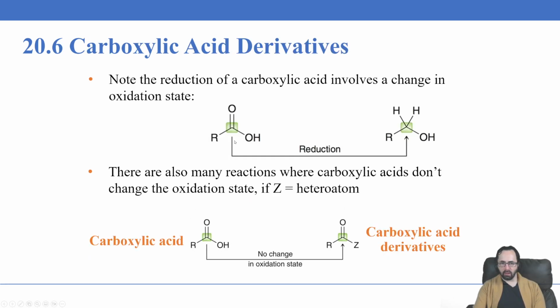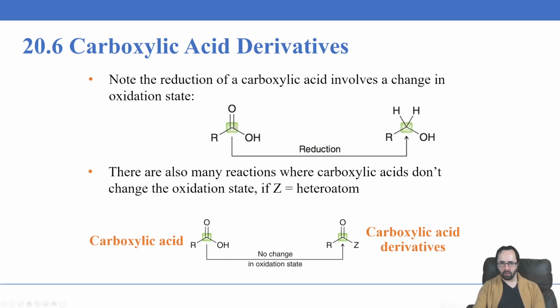So an interesting thing about carboxylic acids is the way their reactions occur is significantly different from those in ketones and aldehydes, in the fact that we can replace the OH group here on the carboxyl carbon with other groups. And so that's going to produce for us what is known as a carboxylic acid derivative.